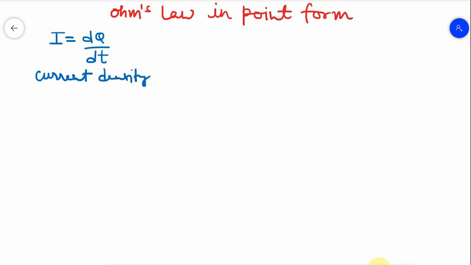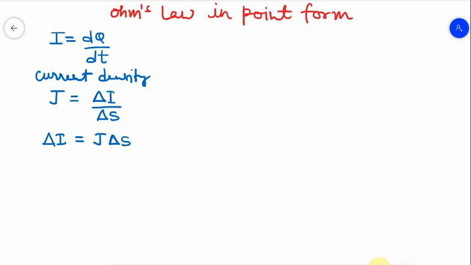The current density is represented by J, and it is given by J equals del I upon del S. Where del I is the current that flows through the planar surface del S. So from here we have del I equals J del S. Okay, so we can write like this.